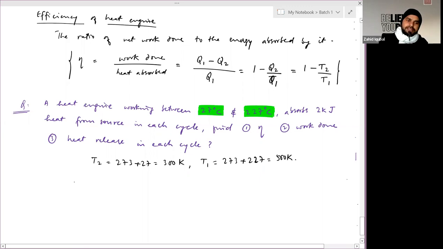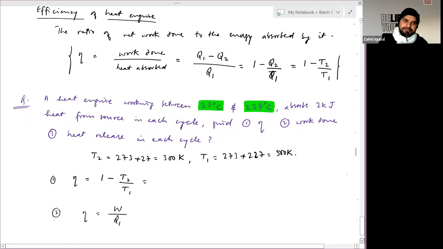So first, eta equals 1 minus T2 over T1. Put in their values and simplify it. Using this, eta equals work done by heat absorbed. We have heat absorbed as 2 kilojoule, that is 2000 joule. So you'll get the work done from this part.